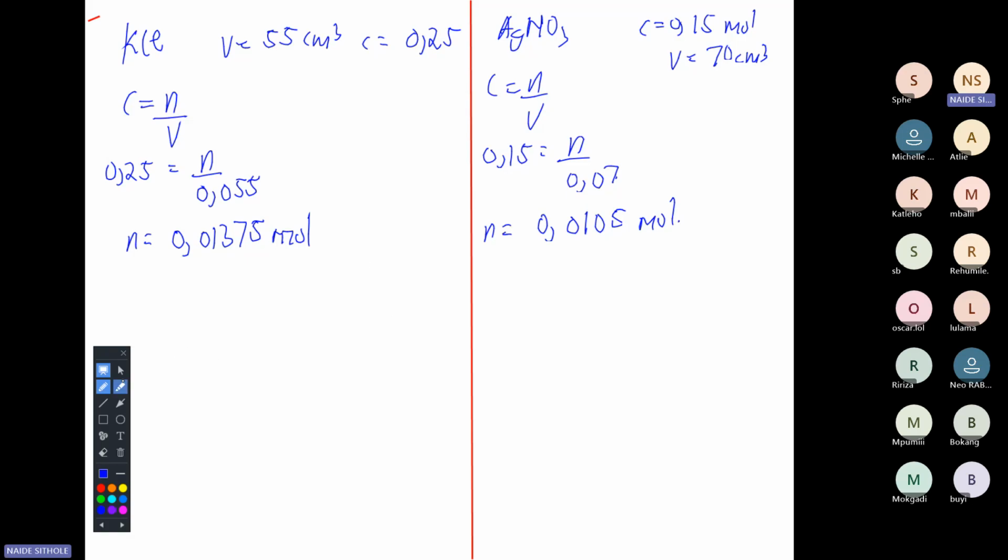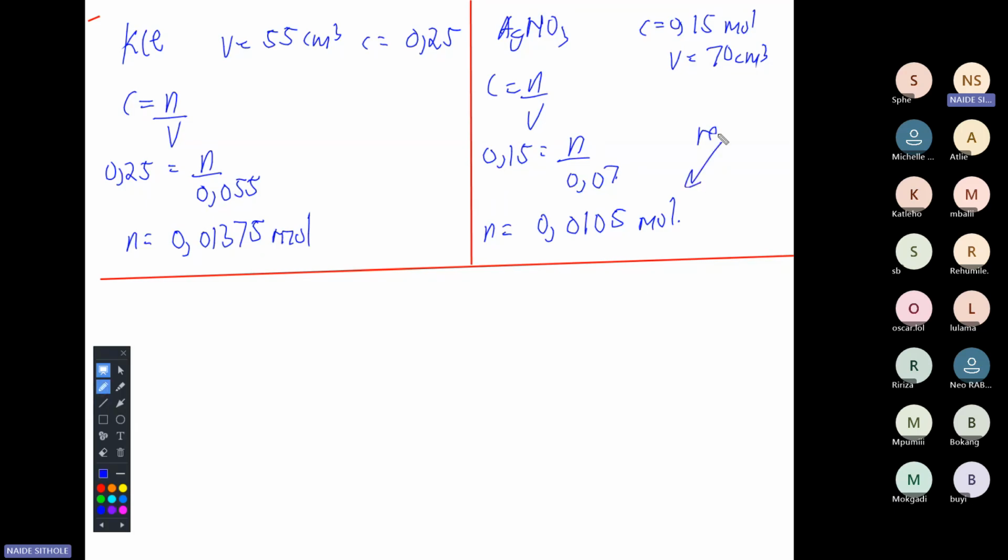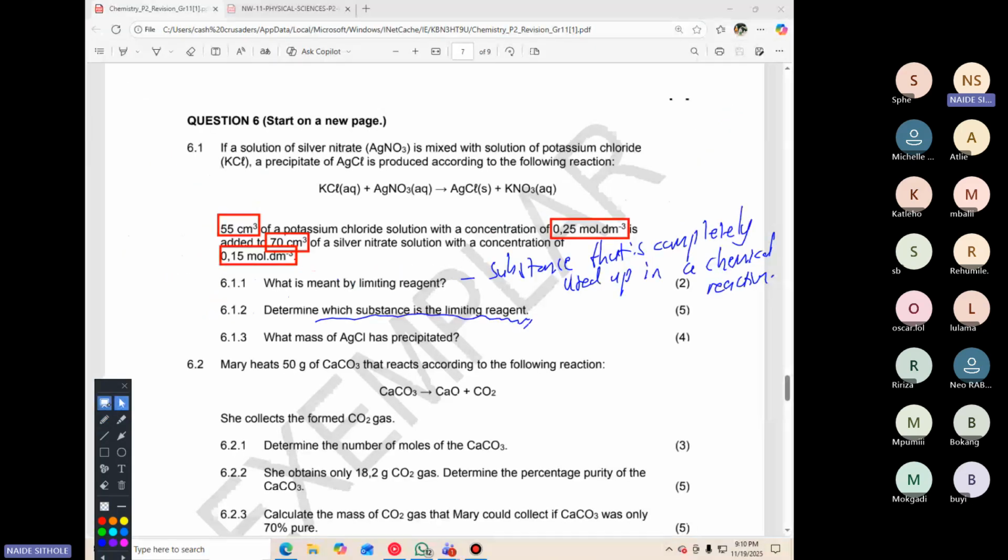Now, what's the next step? This is the step that you normally make mistakes on. Remember I said, use the second one as the reference. You say, let me compare the ratio of KCl to AgNO3. The ratio is 1:1.